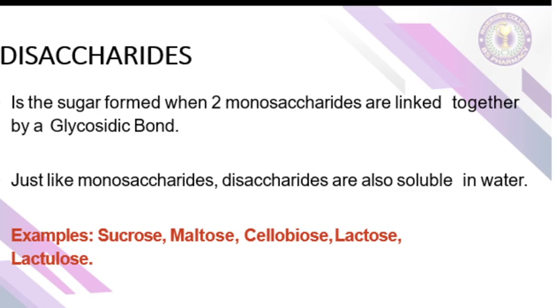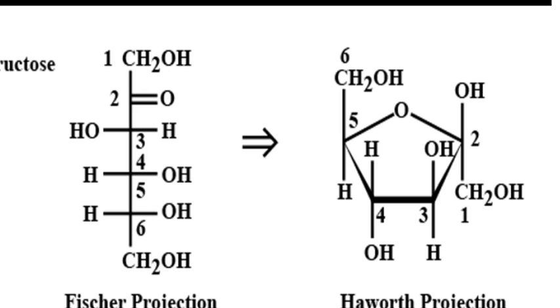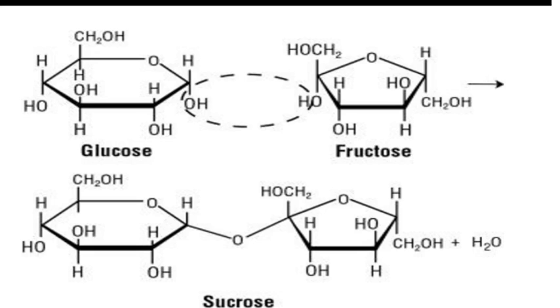Next, we have your disaccharides. For your disaccharides, we have your sucrose, our table sugar. It is just a combination of your glucose plus your fructose. And we are using the Haworth projection to locate the links. If you have the glucose, this is actually how your fructose looks and how we convert it into Haworth projection. Now we have your glucose and fructose reacting with each other.